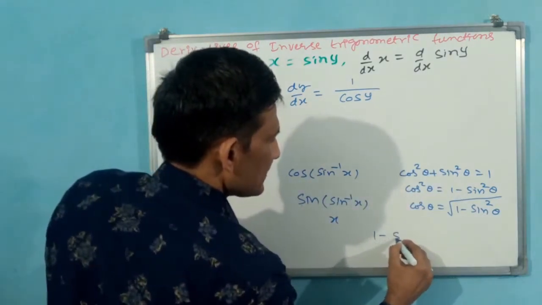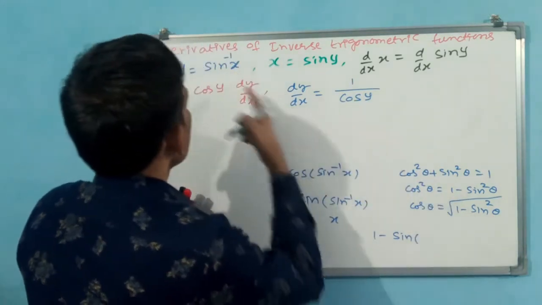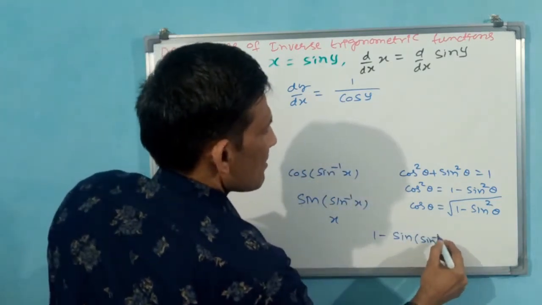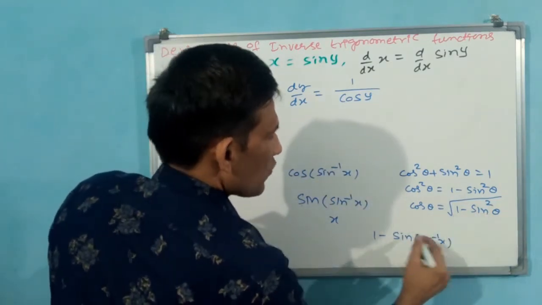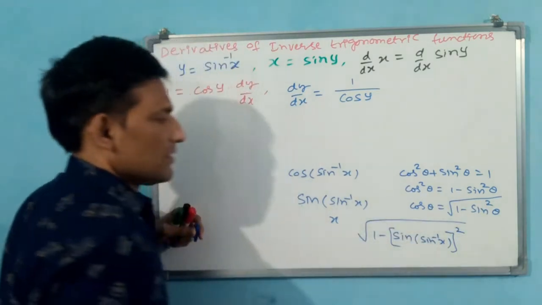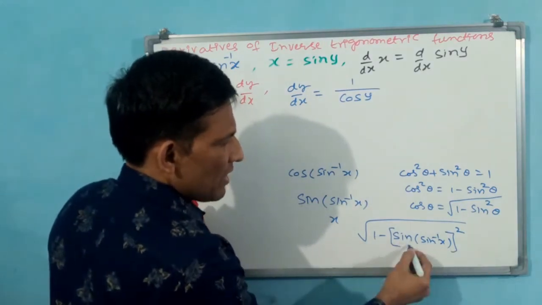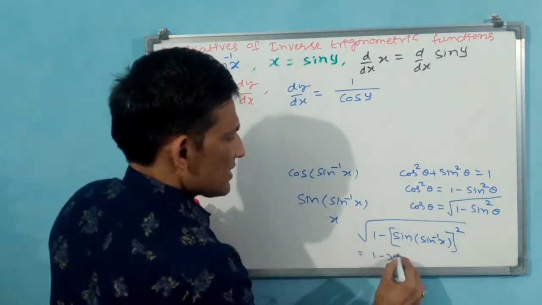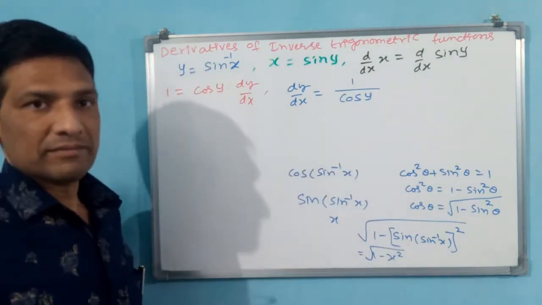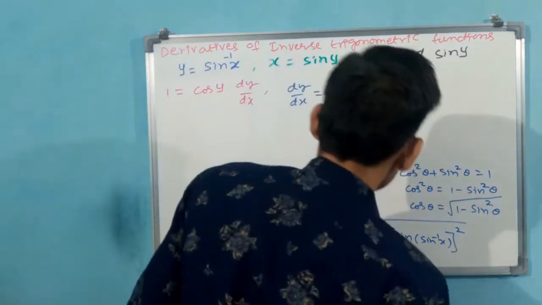Theta means y, which is sine inverse x. See, this sine square and root. Now you see what is going to come? Sine of sine inverse x is going to become x. That means 1 minus x square under root. This is going to become this one. That is why we are going to convert this. Okay, let us proceed.